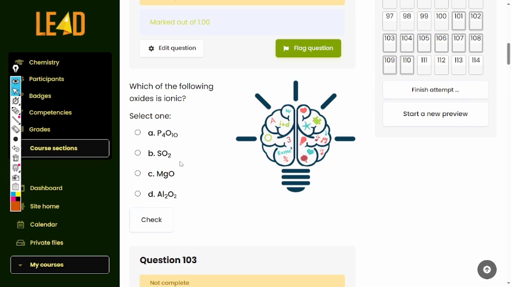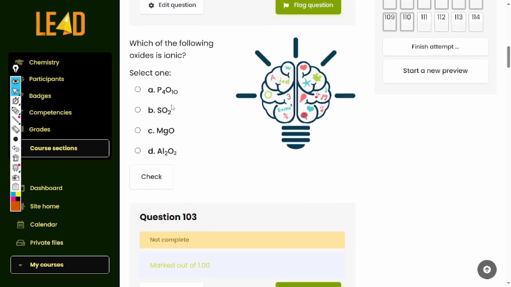Which of the following oxides is ionic? Okay, so an ionic oxide would have to be a compound between oxygen and a metal. For it to be ionic, the difference in electronegativity must be large. So oxygen needs to bond with a metal to form an ionic compound. That eliminates phosphorus oxide because phosphorus is a non-metal. It also eliminates sulfur dioxide because sulfur is a non-metal.